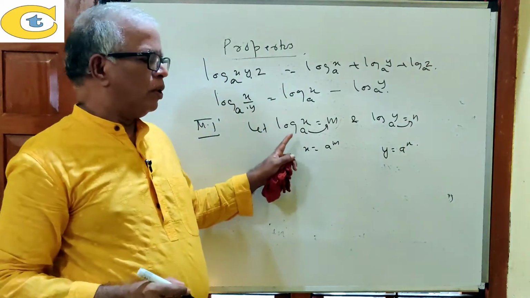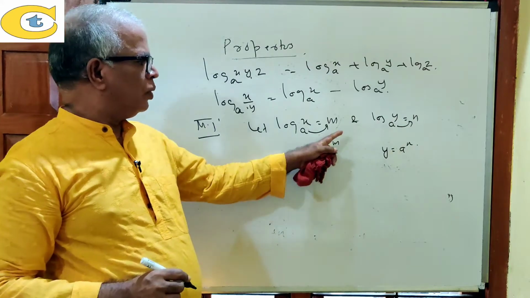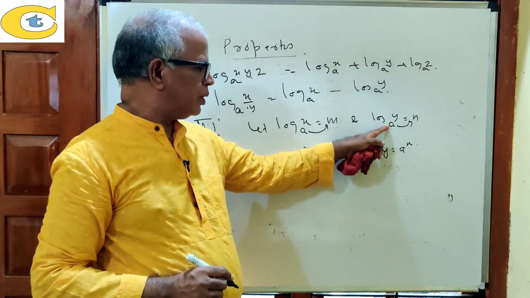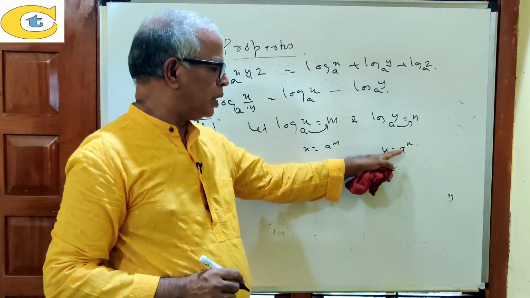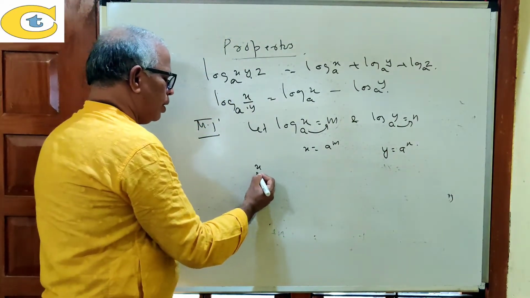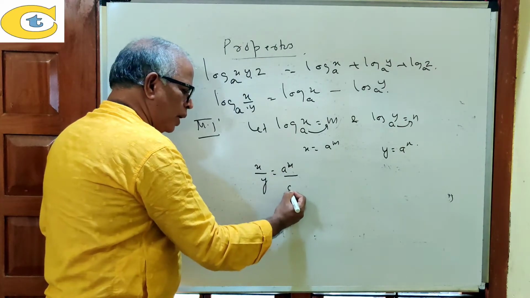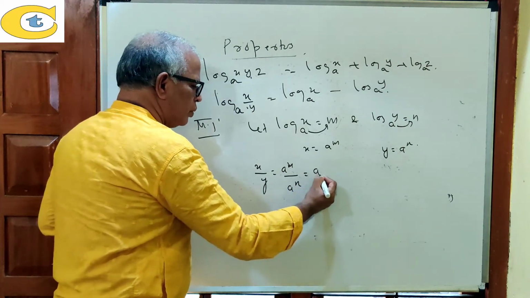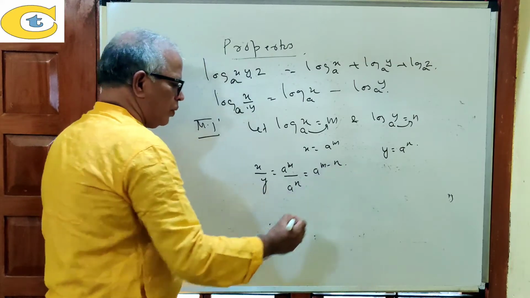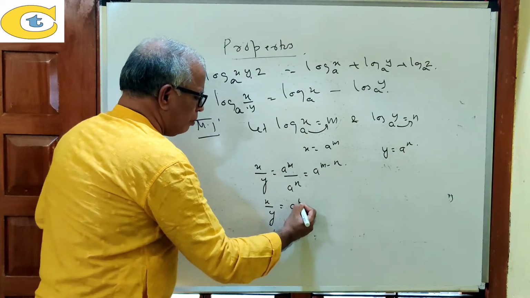So log x to the base a is equal to m means x is equal to a raised to m. Log y to the base a is equal to n means y is equal to a raised to n. Therefore, x by y is equal to a raised to m upon a raised to n, which is equal to a raised to m minus n.